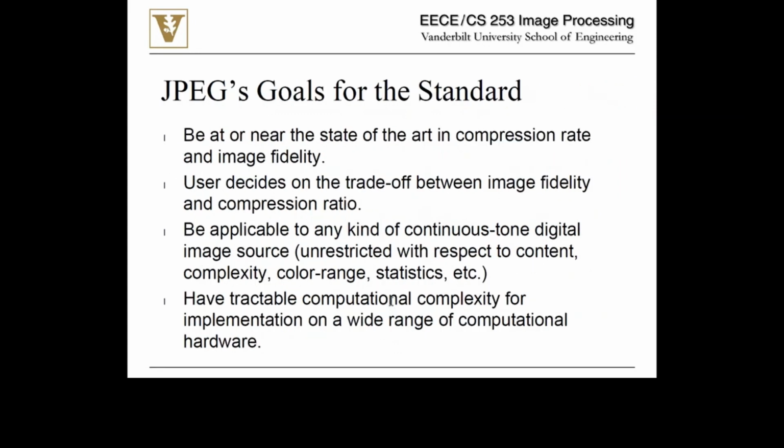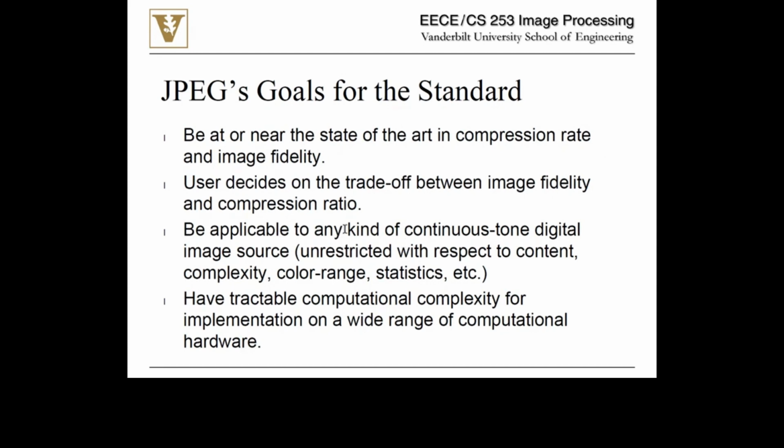Okay, so we want a standard that allows us to compress images with very high quality, and that allows you to choose the trade-off between the quality and the compression ratio.